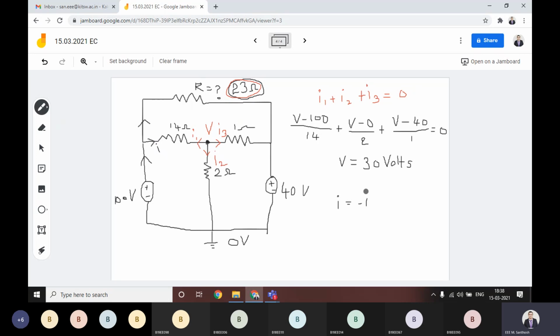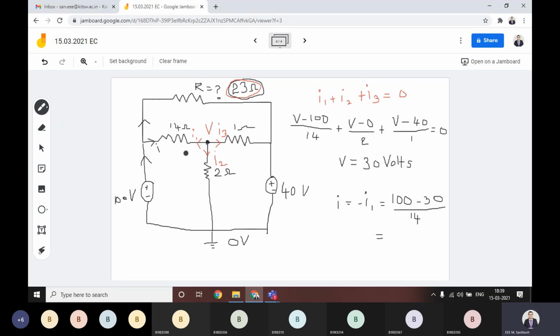That means I is equal to 100 minus 30 by 14. Then you will get the current flowing in this branch.